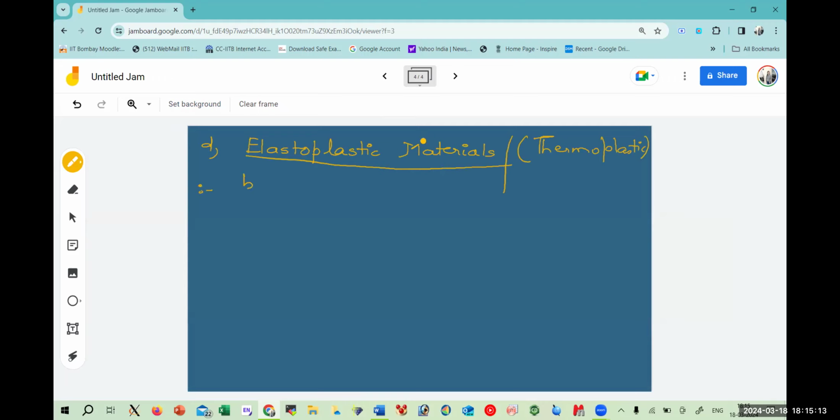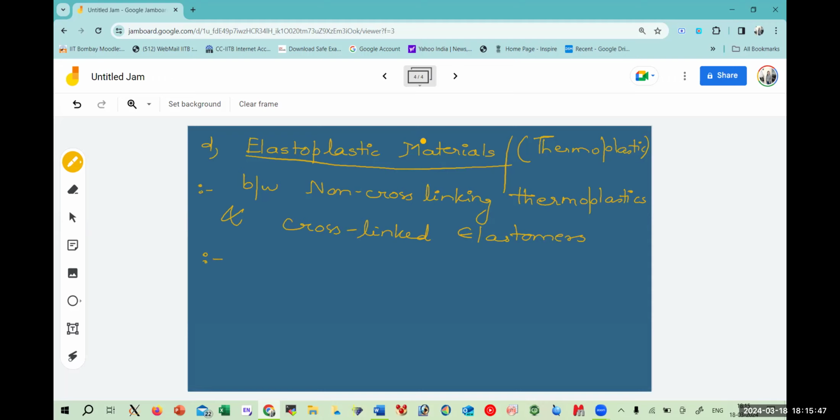They lie in between. We know that thermoplastics don't have cross-linking, and elastomers are cross-linked. So it's a combination of these two. Whatever materials lie in between the two and have the properties of both are called elastoplastic or thermoplastic elastomers.